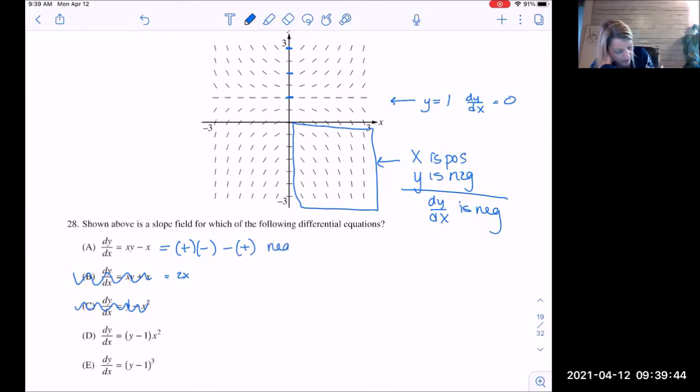This will always be negative. So I can't eliminate that. All right, then here, if y is negative, this will be negative. And x will be positive, so this will always be negative. And here, if y is negative, then this will be negative, and that didn't help me at all.